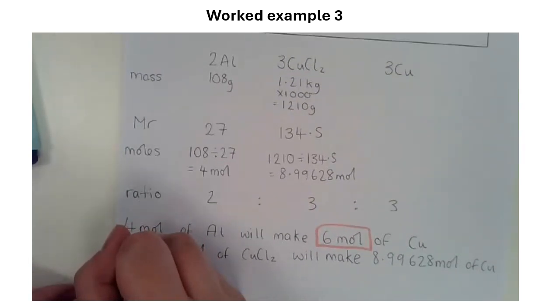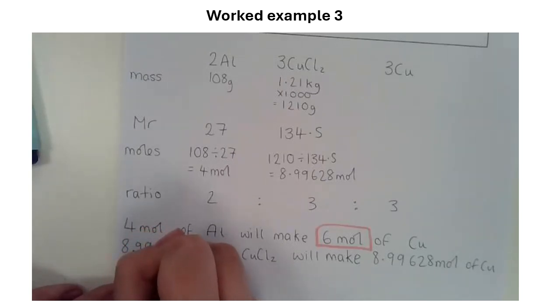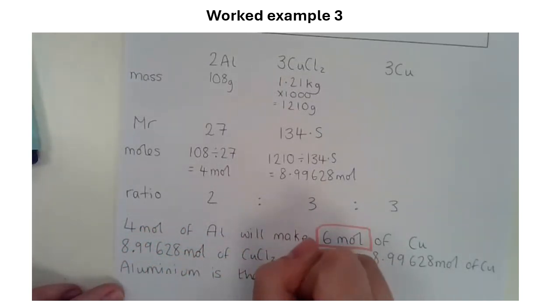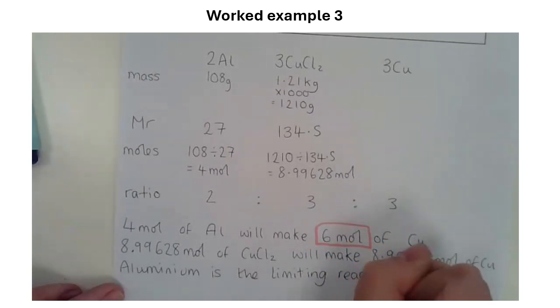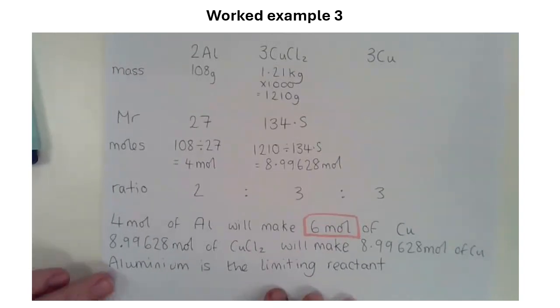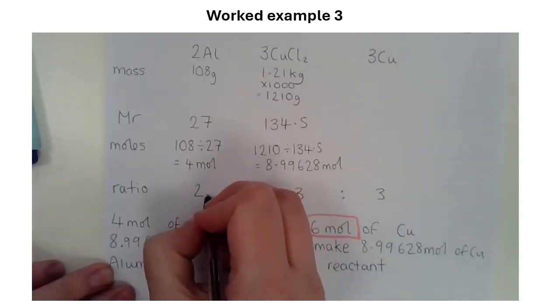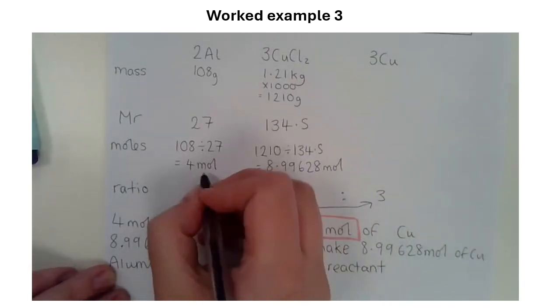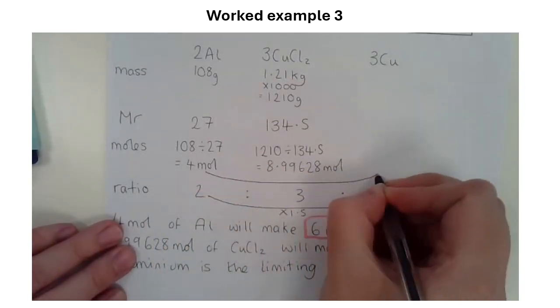So my final sentence needs to be aluminium is the limiting reactant. And I'm now going to apply my ratio through this reaction. I had a 2 to 3 relationship, so I would multiply by 1.5. So I'm going to do the same with my moles.